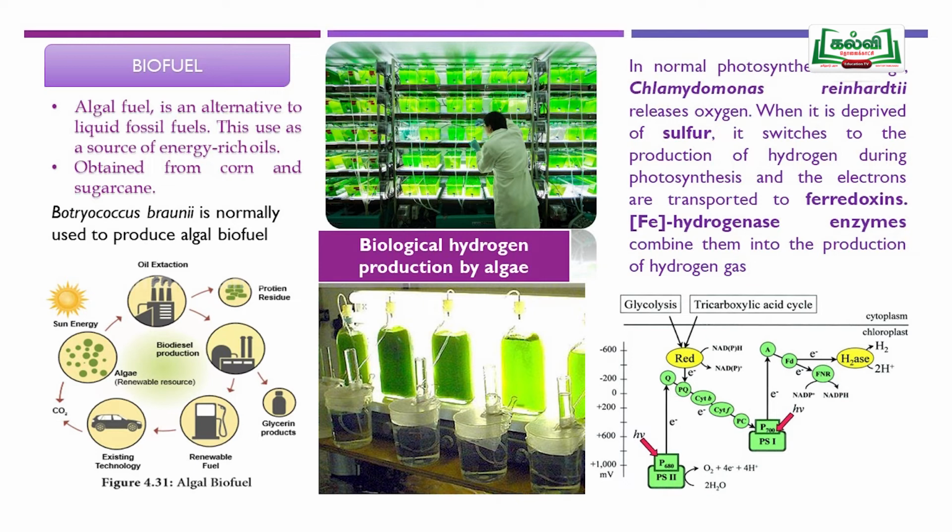Usually in photosynthesis, the final hydrogen acceptor is NADP reductase, which forms NADPH2, in the light reaction. But here, instead of NADP reductase, the ferredoxin hydrogenase enzyme will accept two hydrogens and liberate them as a gas. This gas we may use as a fuel.